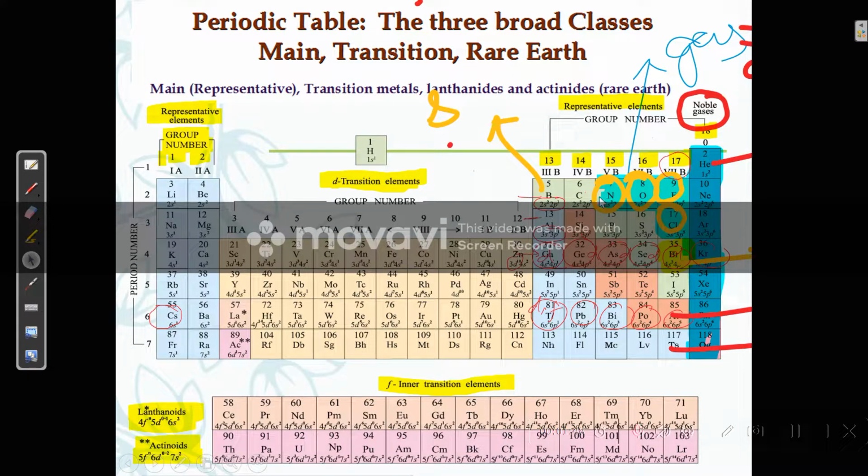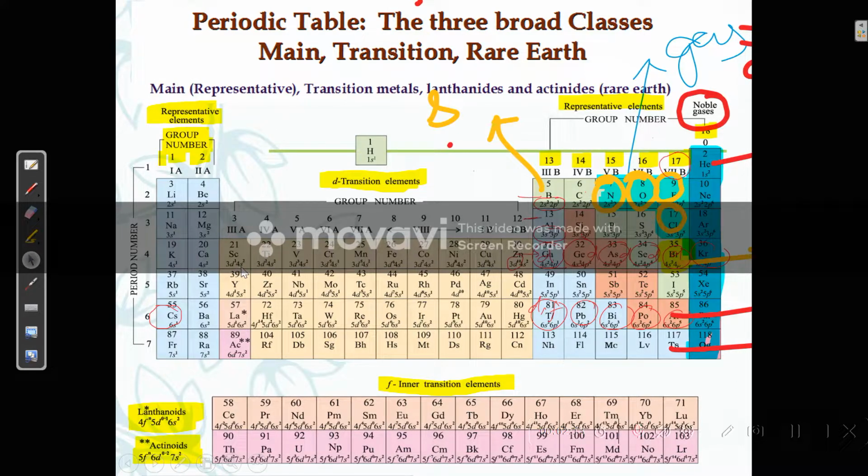As for example, the D configuration of scandium, what is the configuration of scandium? 3d1 4s2. So 4s2 is the outermost shell and 3d is the second outermost shell. Means just before the outermost shell. So in this you can see here scandium configuration, you see 3d1 4s2.